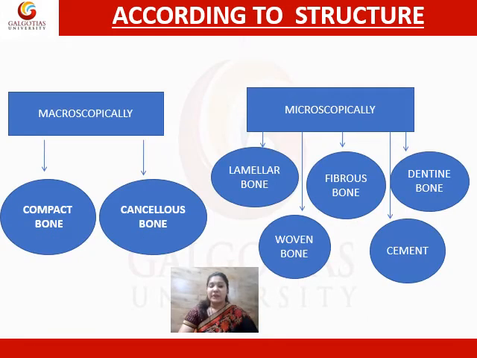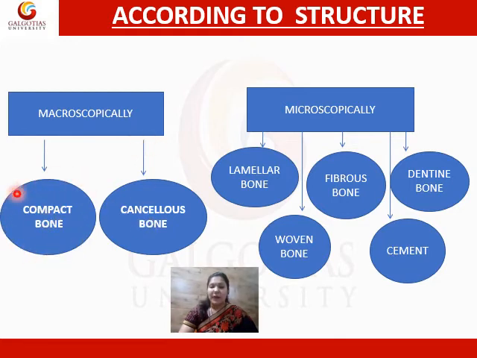The third type is the classification of bone according to their structure. The bone is categorized into macroscopic and microscopic structure. Macroscopically, the bone is divided into two main parts.